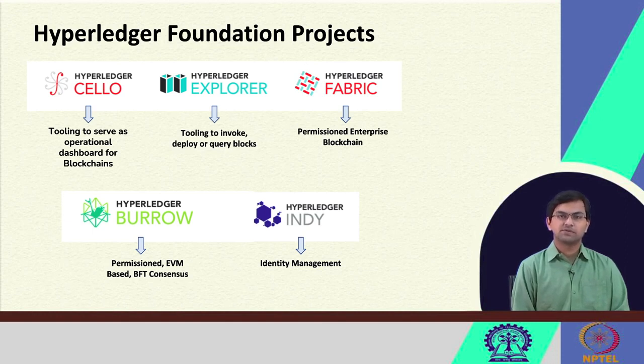This Hyperledger Burrow project actually uses the EVM to execute smart contracts, but it does so in a permissioned setting. The Hyperledger Burrow platform can configure a permissioned network and run a BFT consensus protocol between the different participants of the network, but it will support the execution of smart contracts that are meant to be executed in EVMs.